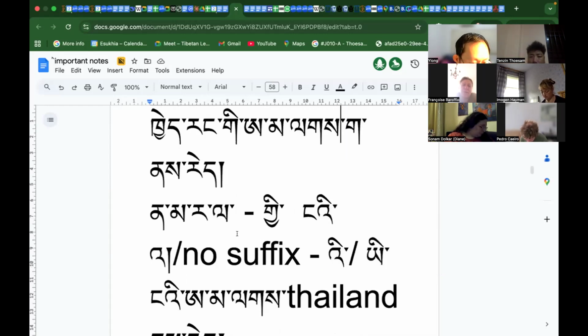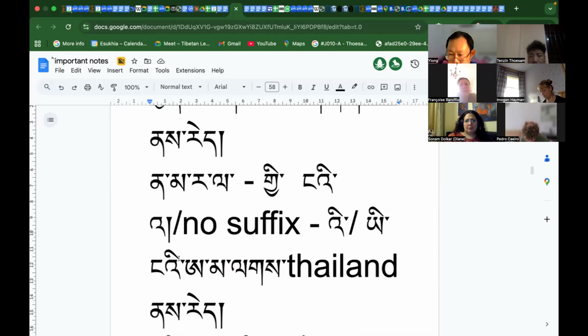Then na, ma, ra, la, same like this. Now what we need to know here is, if the suffix is a, or if there is no suffix, then you use ye. You have a choice, but mostly they use ye. And when you use this one, you attach it.